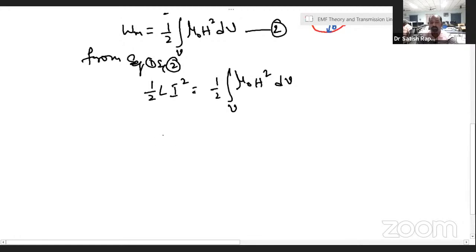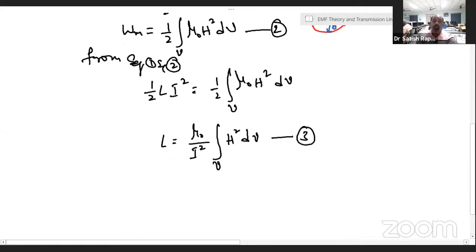Therefore L is equal to mu naught by I squared times the volume integral of H squared dV. Let us say this is equation 3.